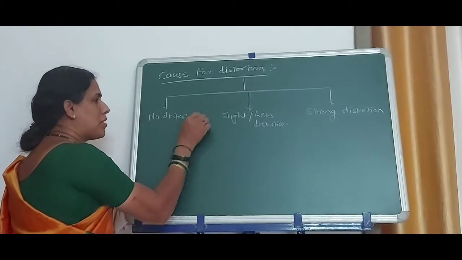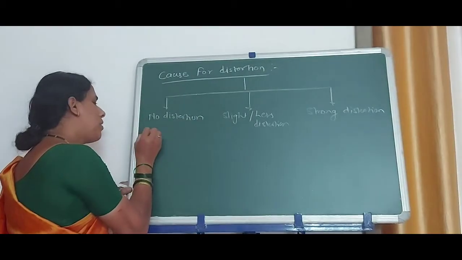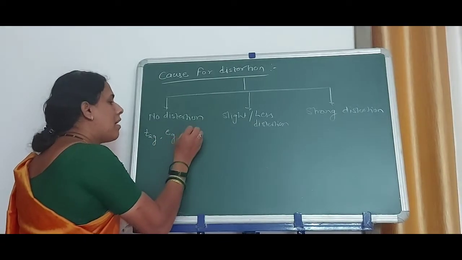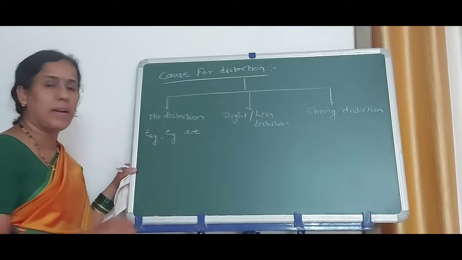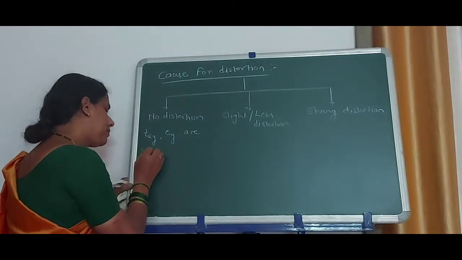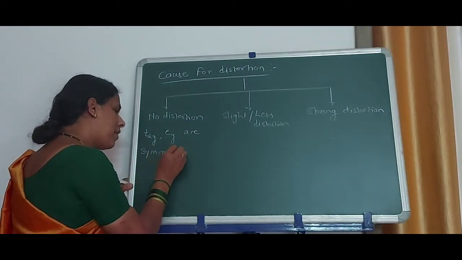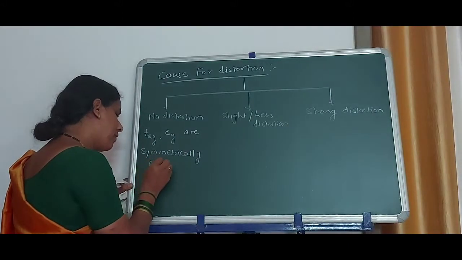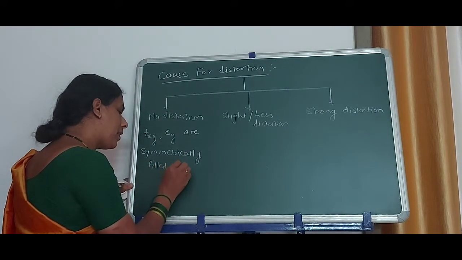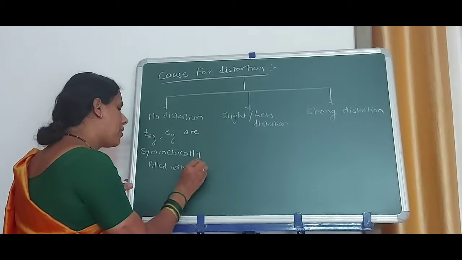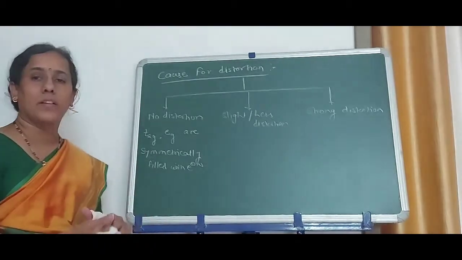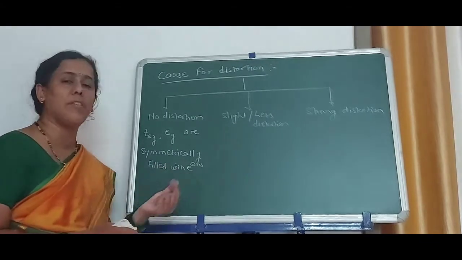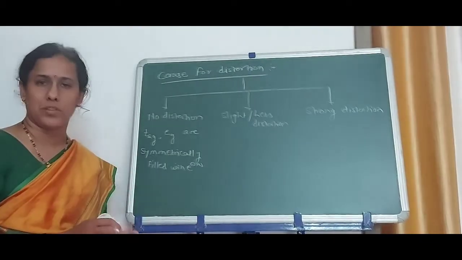When no distortion takes place, that is when T2g and Eg orbitals are symmetrically filled with electrons. Then in the complex in which T2g orbitals and Eg orbitals are symmetrically filled, no distortion occurs.